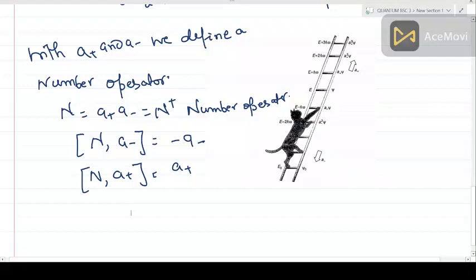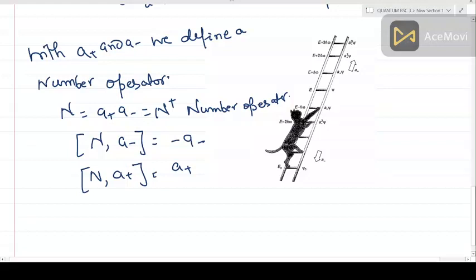Now the most important thing is that we have seen many operators here and many algebraic tricks. The next thing, the most important thing that we still need to discuss, is what is the ground state and what is the wave function of the simple harmonic oscillator. We haven't reached that till now, so it is very important.